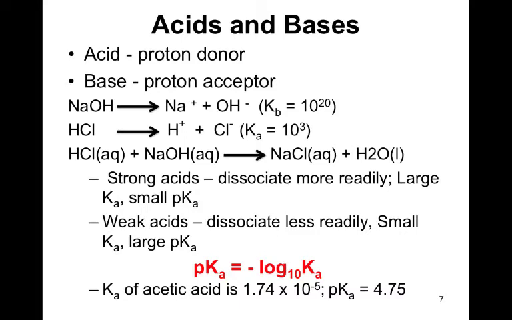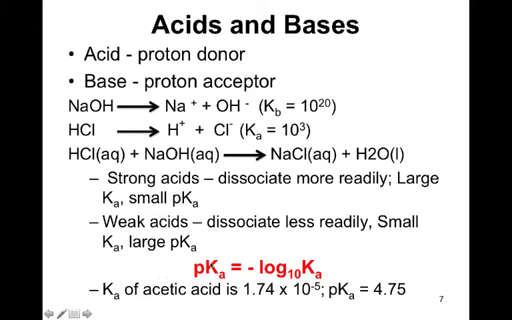Now these dissociation constants sometimes can be very cumbersome numbers. If you take a look at the dissociation constant of acetic acid, it's 1.74 times 10 to the power minus 5. Now that's not a number that anybody can easily remember. Okay, so that's where the pKa comes into the picture.